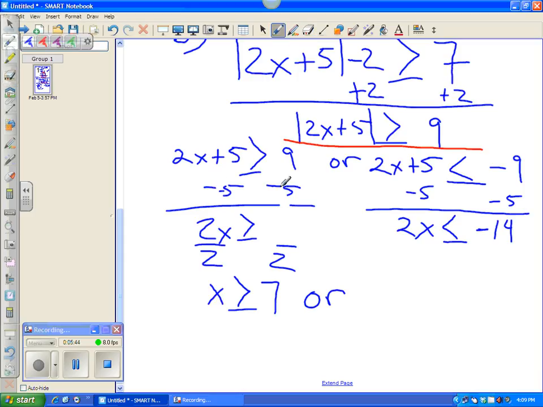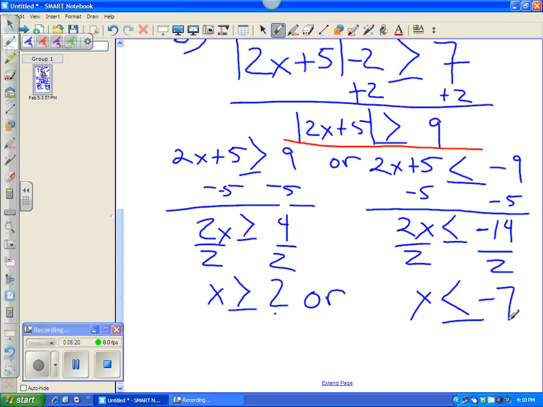And some of you probably were screaming at the screen earlier. 9 minus 5 is 4. 4 divided by 2 is 2, of course. So I'm going to change this to a 2. And on this side, I did do it correctly with minus 5 is minus 14. Divided by 2 gives me x is less than or equal to a negative 7.